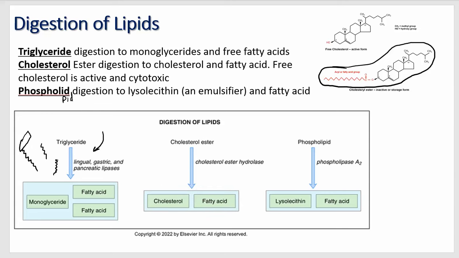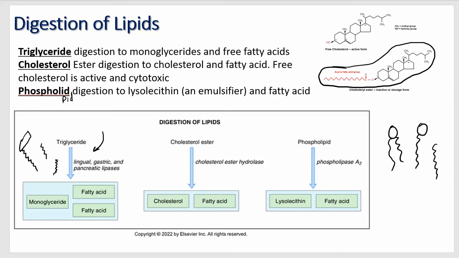The phospholipids, remember those have these tails. Well, that's broken down into what we call lysolecithin and then just the free fatty acids. So those are even broken down as well.